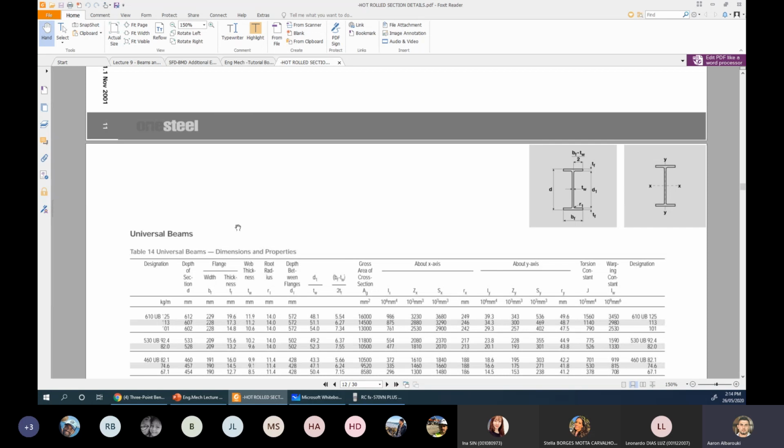That means they heat the steel until it's malleable, roughly melted, not liquid, but malleable. You can bend it easily, and they form it into these shapes. We call them hot rolled sections because it's very thick steel. You can't bend the steel when it's cold. You have to heat it up.